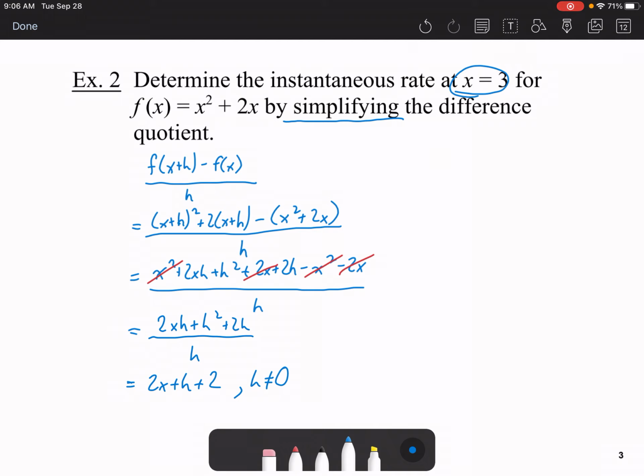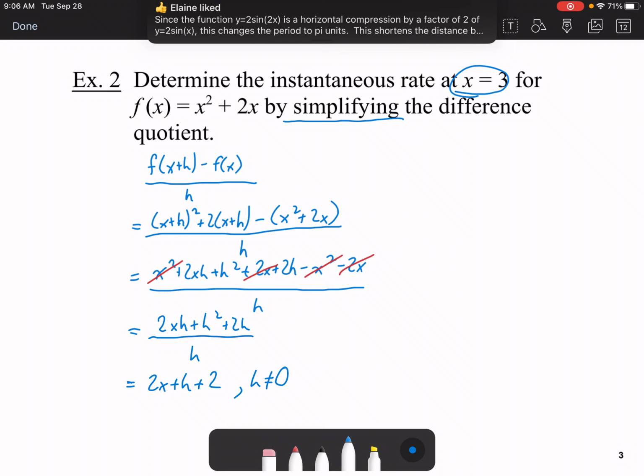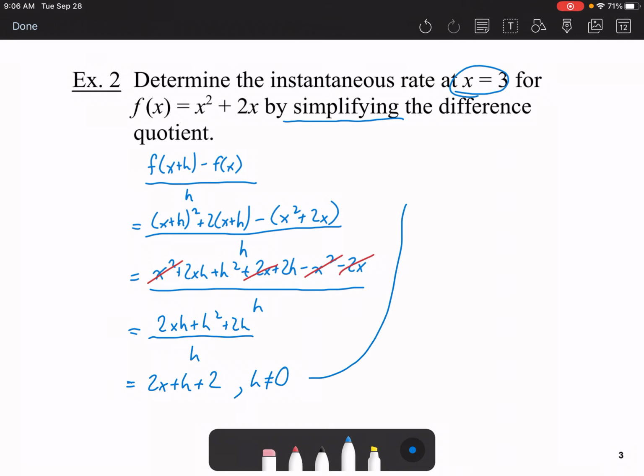Now, remember we are using a value very close to 0, but not exactly equal to 0. So now you can substitute those values in. We can work this out as 8.0001.